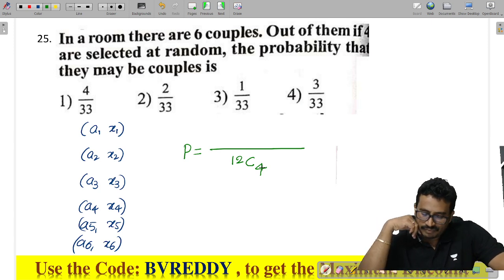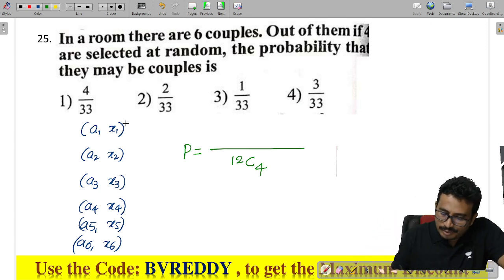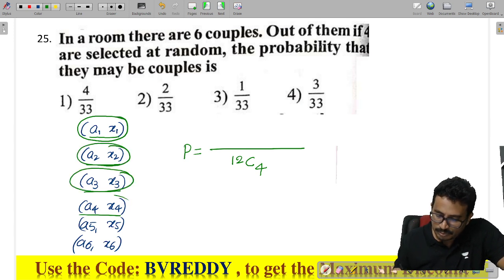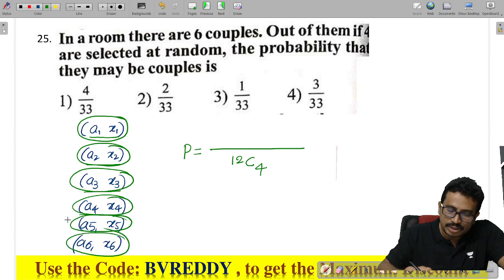Now the required event, what can we say? What can I do here? I need to select both of these, or both of these, like this. What I am doing is grouping here: 1 group, 2 group, 3 group, 4 group, 5 and 6. Total 6 groups are there.